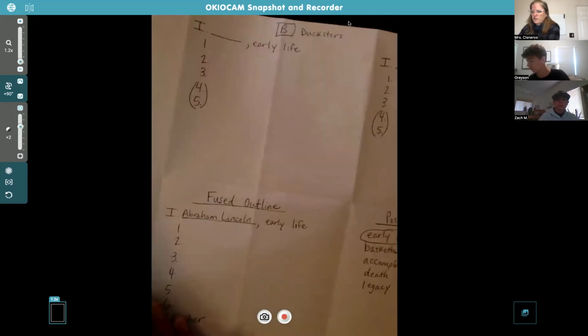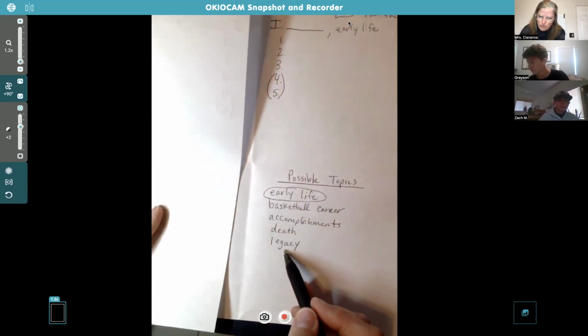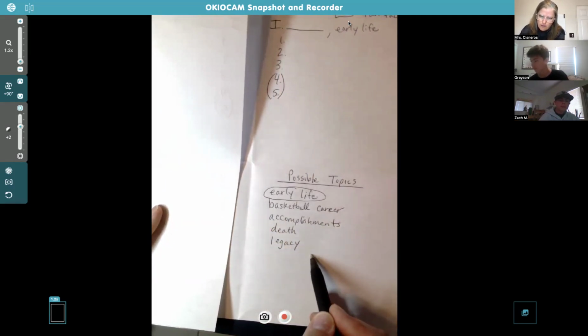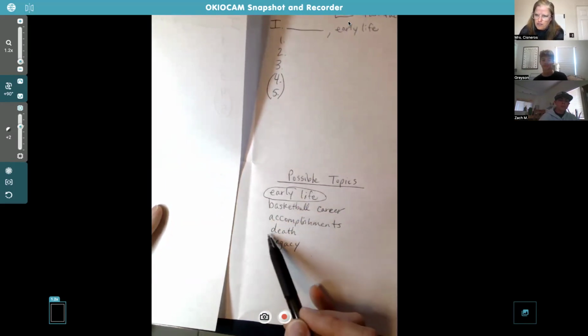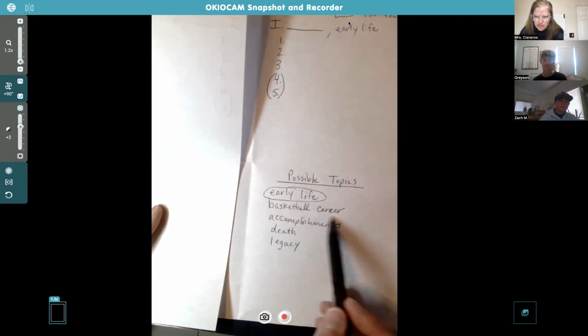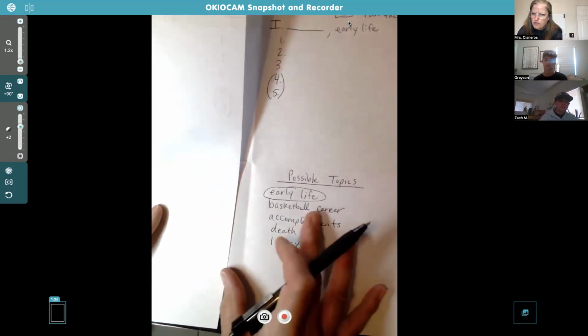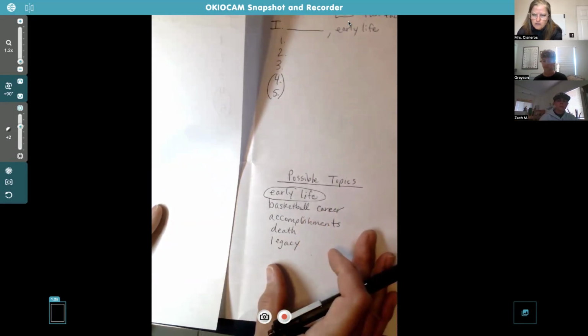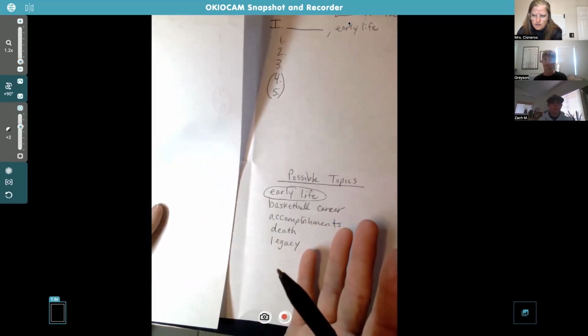So don't choose death and legacy for your second paragraph because we're going to save those for your third paragraph. Okay. So you can choose something in the middle, his coaching, his accomplishments. You can choose, like for Zach, his presidency or his political career, however you choose to word that. I would choose like what he's most known for. Obviously, Abraham Lincoln is most known for his contribution as president.